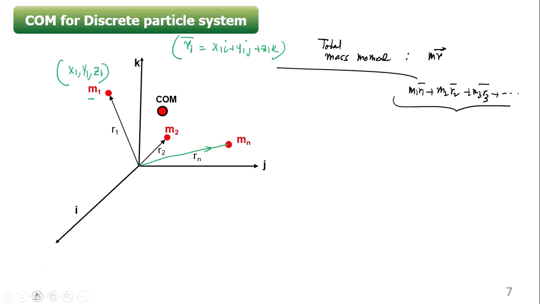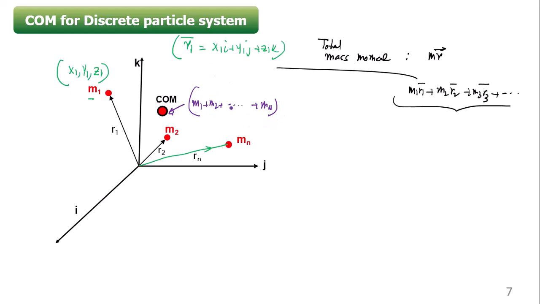Now that has to be replaced. Once I replace the entire system by a single mass at the center of mass, what is that mass? The total mass, which is m1 plus m2 plus m3 up to mn. Why? Because by the idea of center of mass, I am going to replace the discrete particle system of n particles by a single mass.